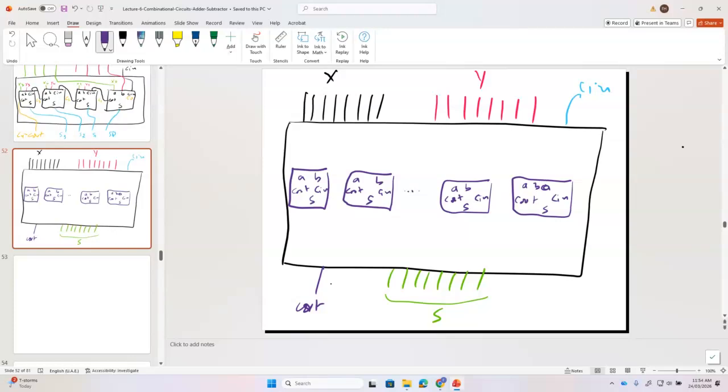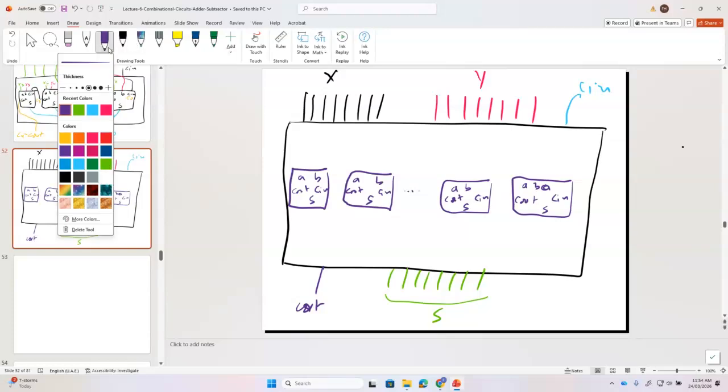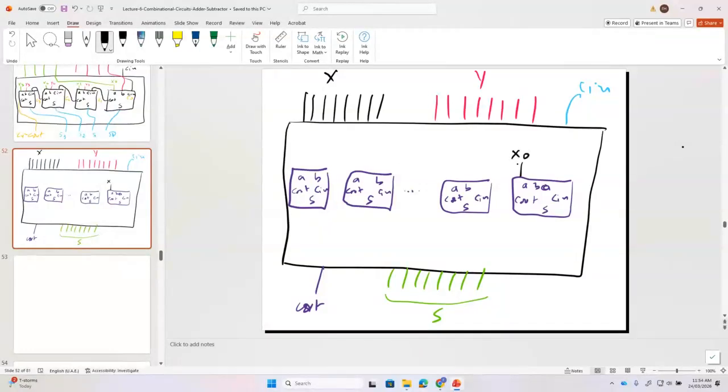What should I connect this A to? X0. And this B? Y0. Next, this A connects to X1, and this A to X6, and this A to X7.